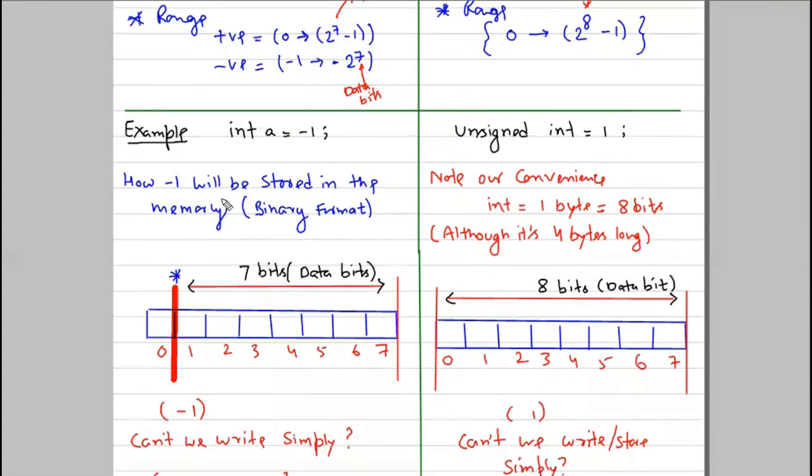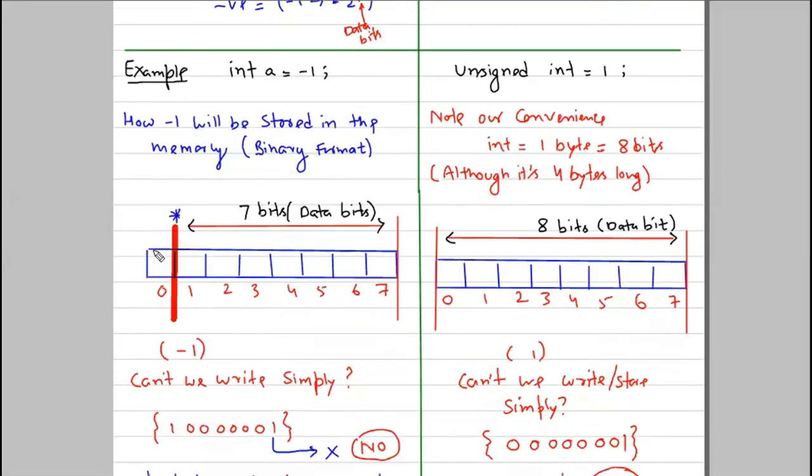So we want to store minus 1. How will minus 1 be stored in memory in binary format? We will see. So this is the format. This bit is fixed, right? We cannot change it in case of 0 or 1. We can only manipulate these 7 bits.